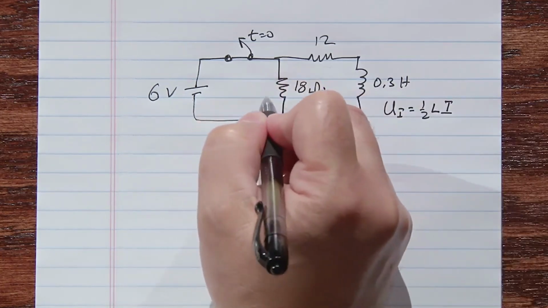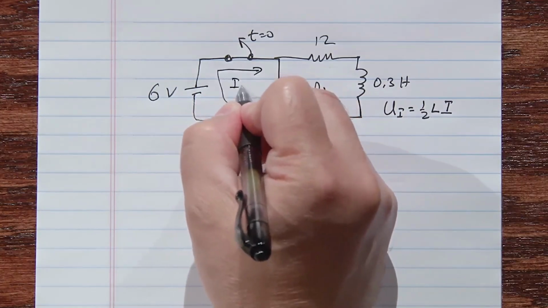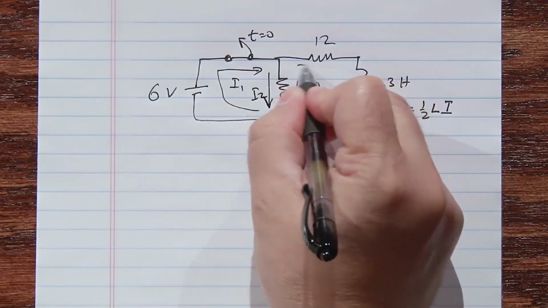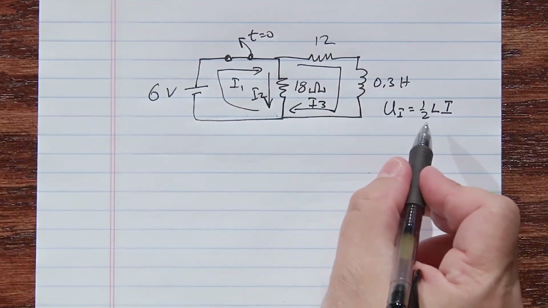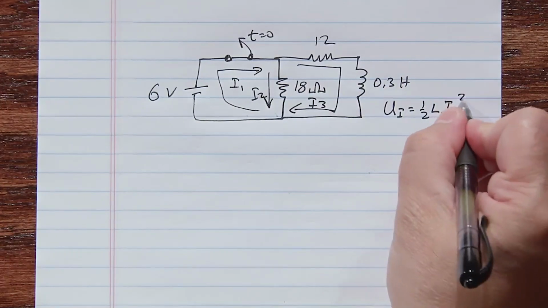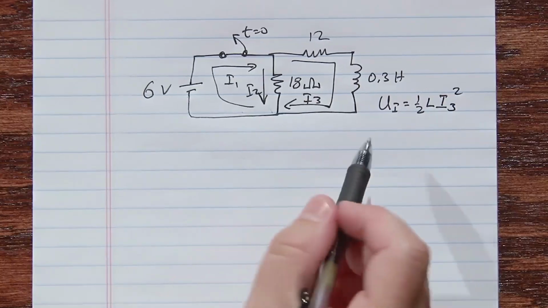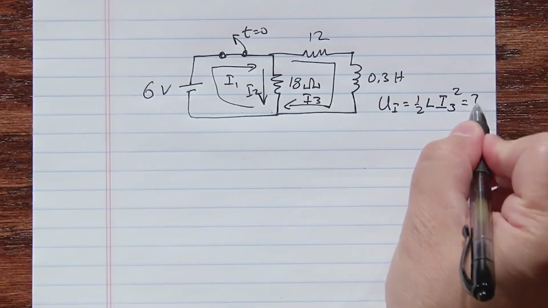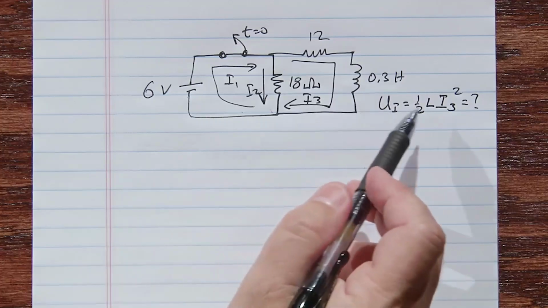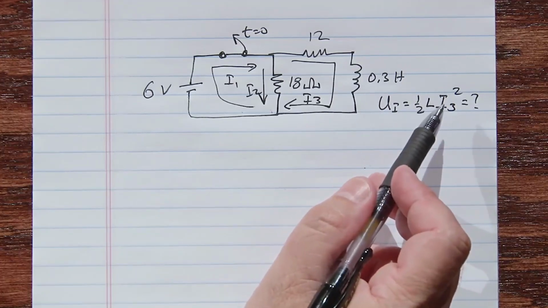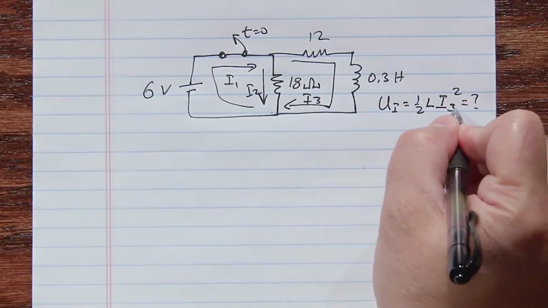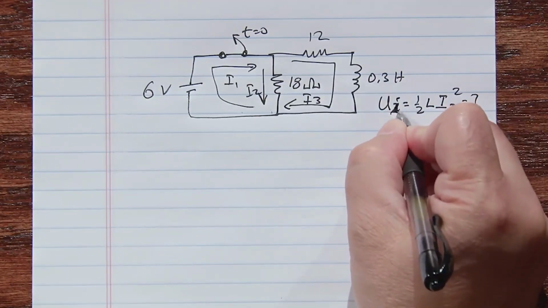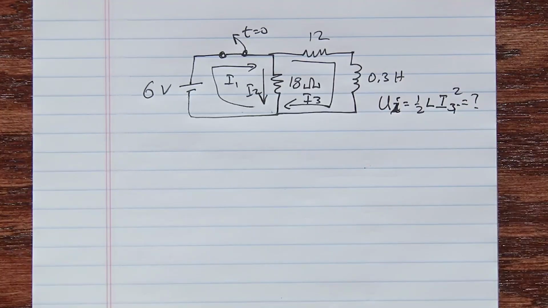We'll make these I1, I2, and I3. So the energy stored in the inductor would be 1/2 L I3 squared. We know what the inductance is, so all we really need to figure out is what is I3 initial. What is I3 initial?